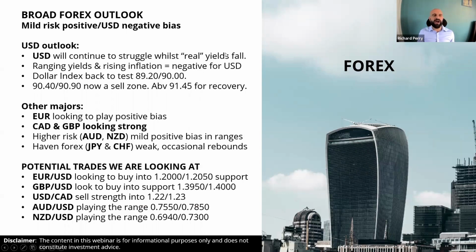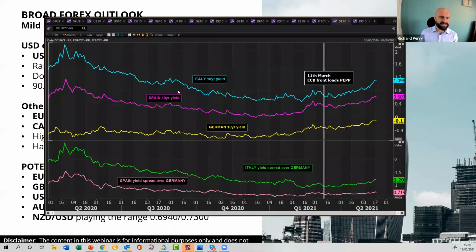Okay, looking at the other Forex majors, as I said to you, I think the euro is going to be positive in the coming weeks, and one of the main reasons is these rising bond yields that we've got on the euro bonds for Italy, Spain, Germany, all rising, and also yield spreads of the peripheral bonds over the core bonds.